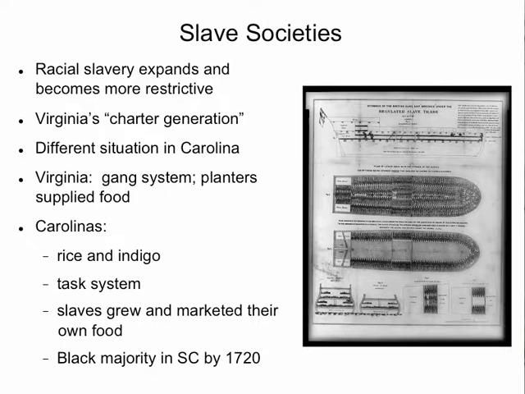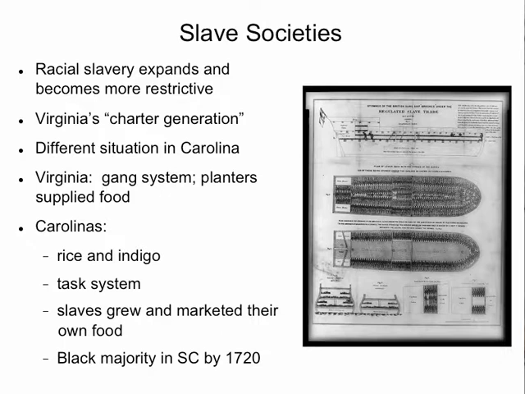And normally the masters would then allow them to sell their extra food and actually make a little money from that. And so Carolina slaves had a little more opportunity for individual initiative and even to make some money from the produce of their gardens. So that's the difference between the gang system and the task system.